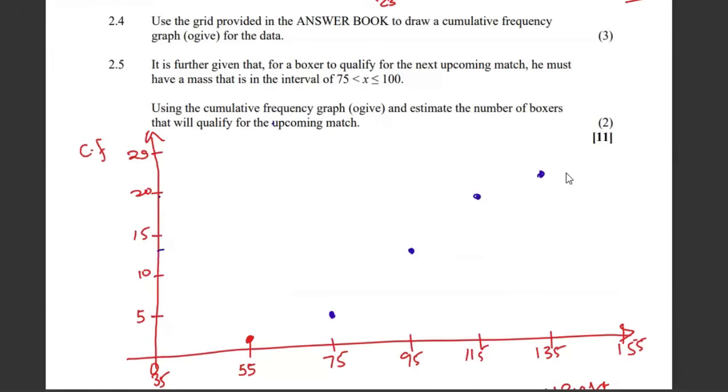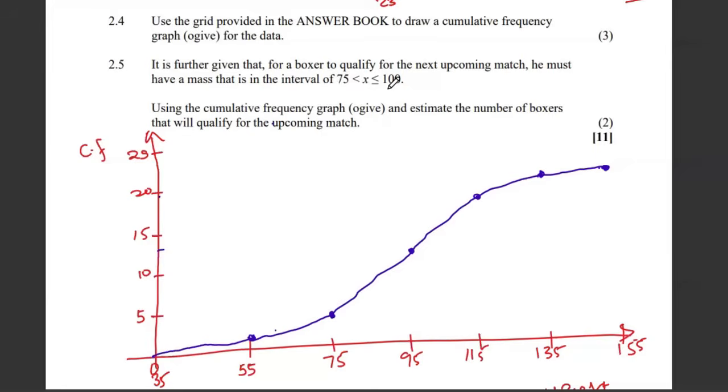And then 23 should just follow suit. So just connect this with your free hand. And then you need to set the footing to the 0 there. Oops, my footing is wrong. Okay, so that becomes our cumulative.